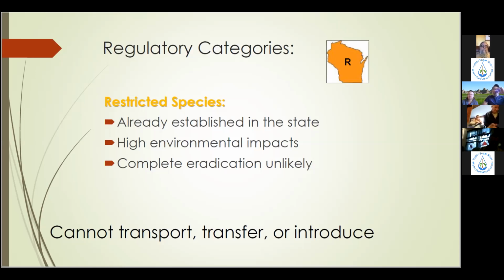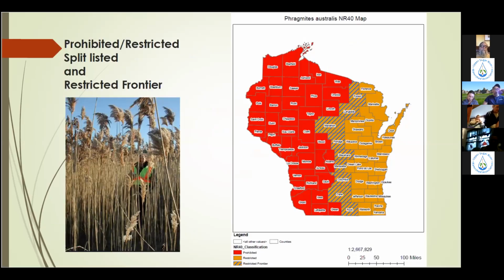And to make this just a step more interesting, there are some species that are in fact county split listed, prohibited and restricted. So in some parts of the state where things have not quite yet reached a large population size, we want to give them that prohibited status so that we can direct our resources to control them. But then in other parts of the state, they're already really widespread, and the focus is not going to be on controlling them there.